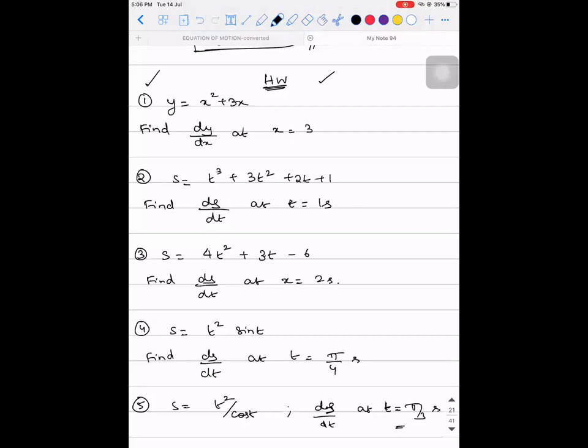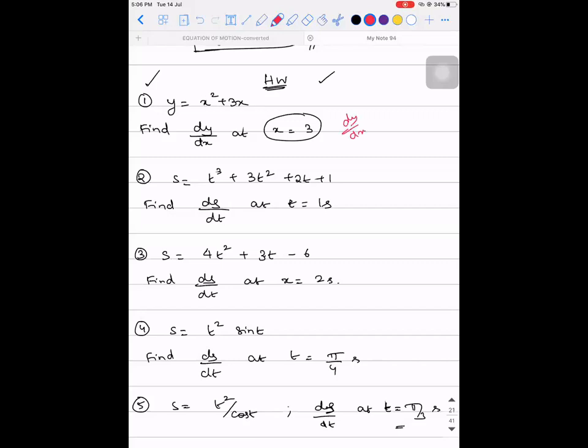The function is y is equal to x square plus 3x. So what is going to be the derivative of it at x is equal to 3? What is the answer? 9.